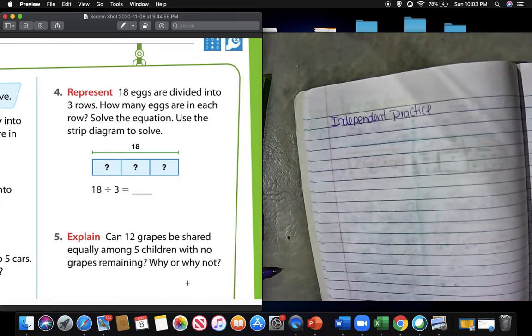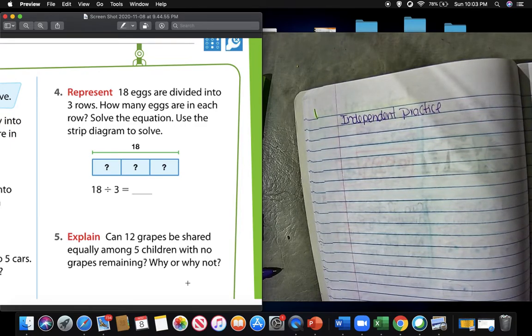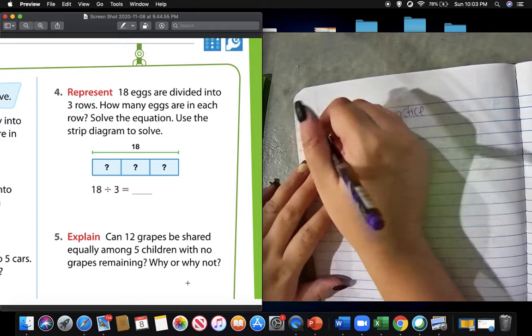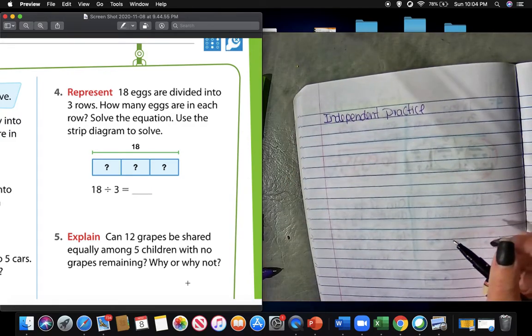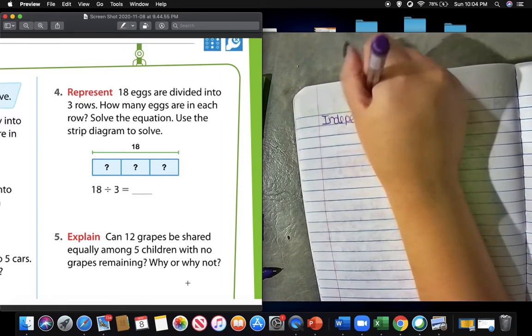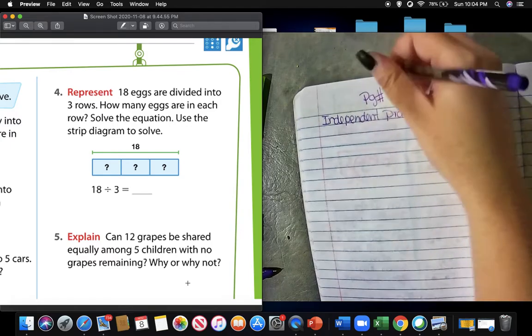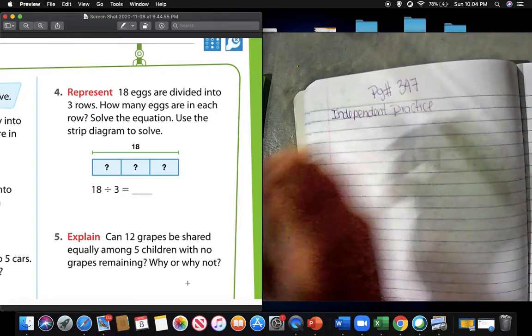Okay, so all of the questions from 6 to 11. If you don't know what page this is on your notebook, it's in the book. If you have the textbook, it's on page 347.